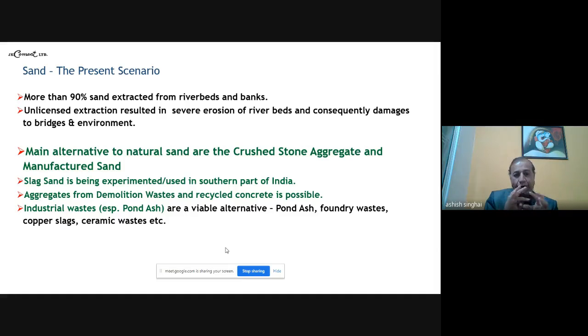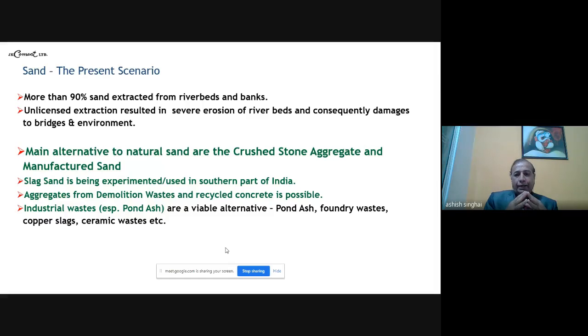So when this M sand is used in the concrete, we get a very high amount of bonding between the aggregates. When the bonding is high, the density is bound to be higher, and when the density is higher, obviously the strength goes up, which is why we get about 15 to 20% plus strength with the same amount of cement as compared to the river sand concrete.